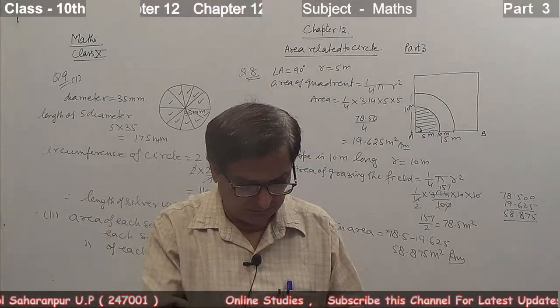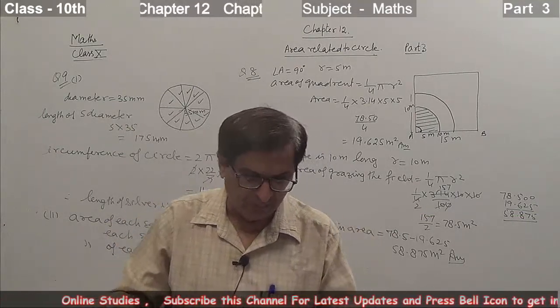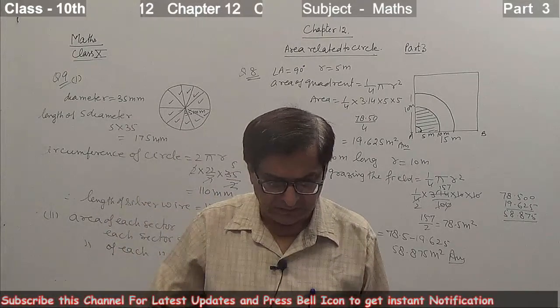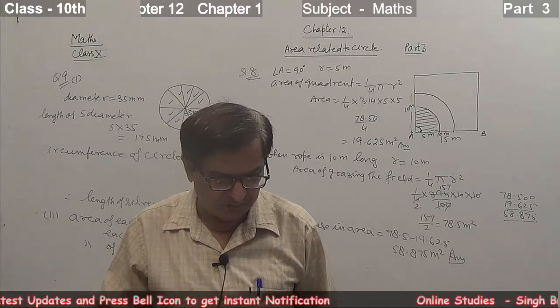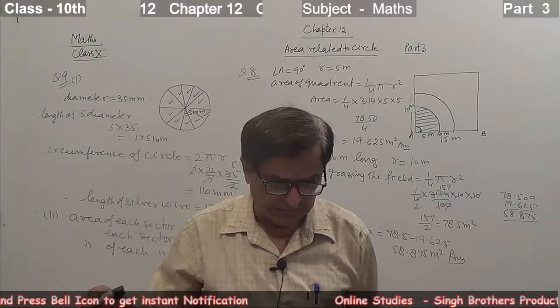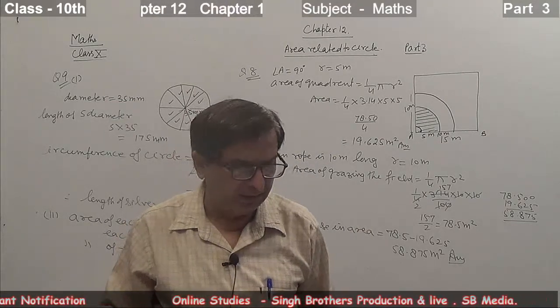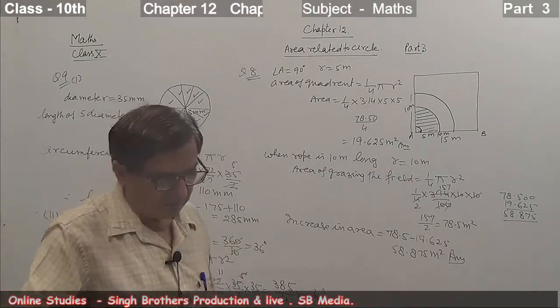Question number 10 was a simple question. An umbrella has 8 ribs which are equally spaced, assuming the umbrella to be a flat circle of radius 45. So each sector angle will be 360 upon 8, and then we can calculate it.